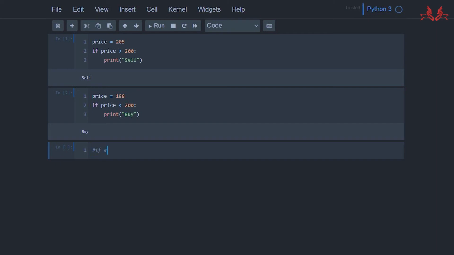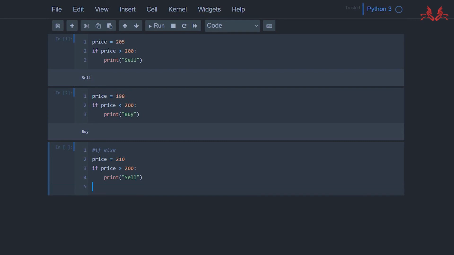And let's see how to use if-else. Following the previous example, we set price equals 210. We set an if statement and test expression, price larger than 200, and we print sell.